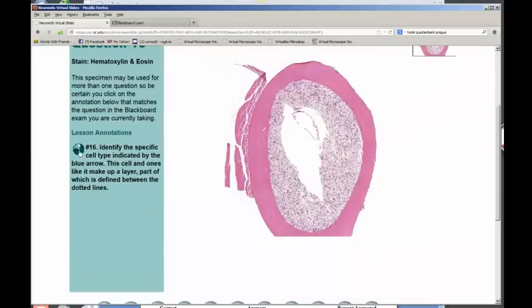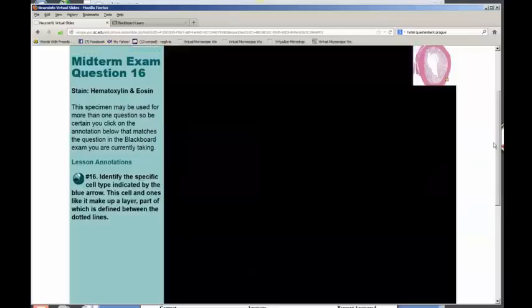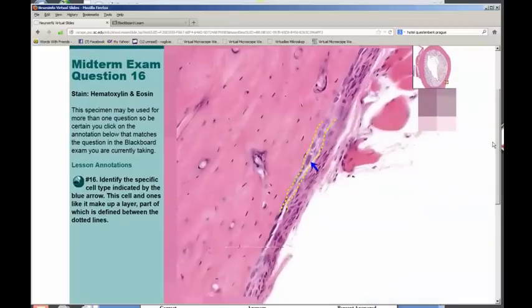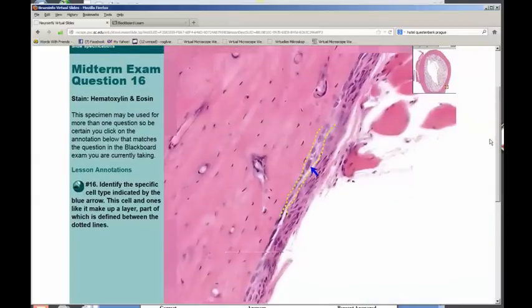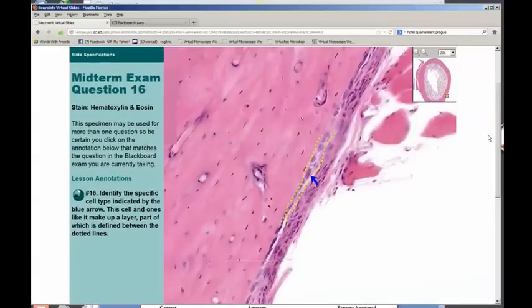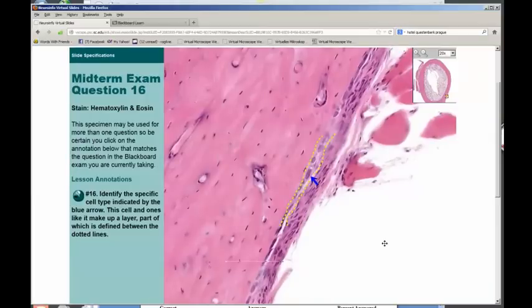So question 16 is asking, identify the specific cell type indicated by the blue arrow in this cell, and ones like it make up a layer, part of which is defined by the dotted lines. Some of you may recognize right away that this is the osteogenic layer of the periosteum.